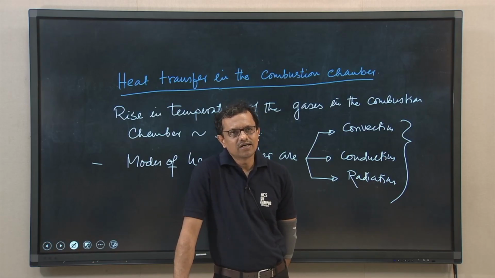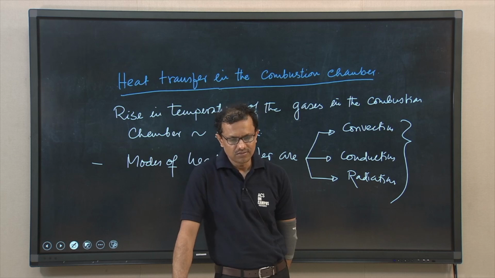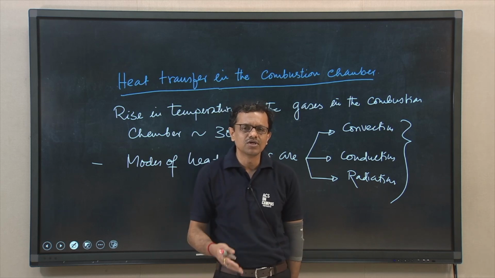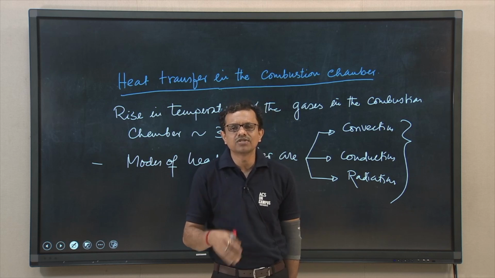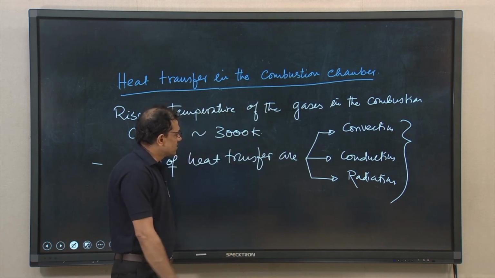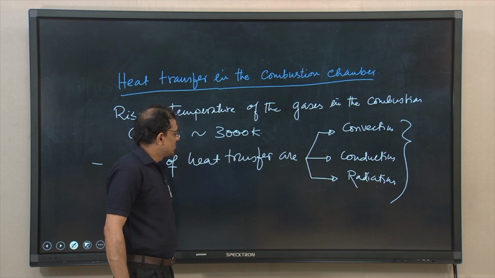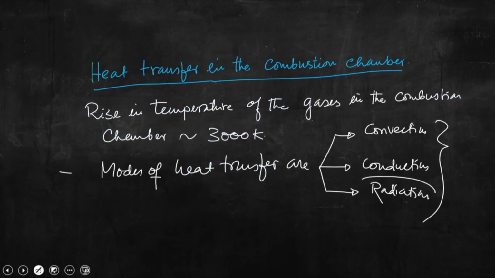Now, when fuel evaporates inside the combustion chamber as a part of the combustion process, that evaporation is also involved to some extent with heat transfer, evaporative heat transfer. Radiation is not that significant, but still we cannot trivially ignore the radiative transport of heat.